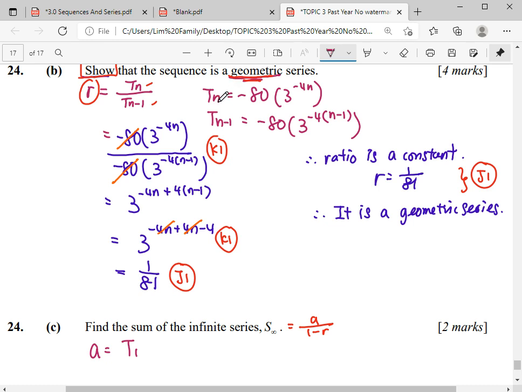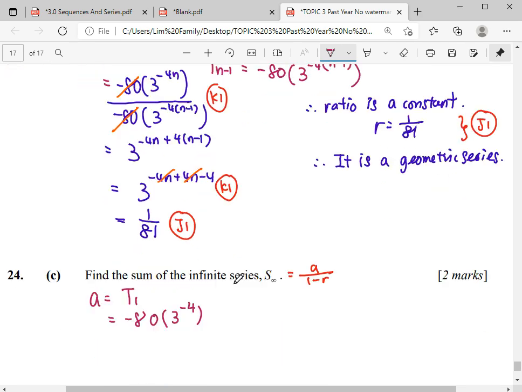When n is 1, it gives us 3 to the power of negative 4, because when n is 1, we times 1 and get negative 4. So I get my first term: it will be negative 80 over 81. This one you can press on your calculator because it is all numbers.